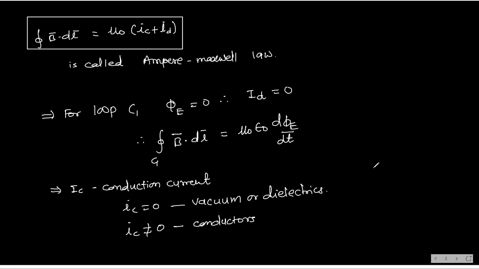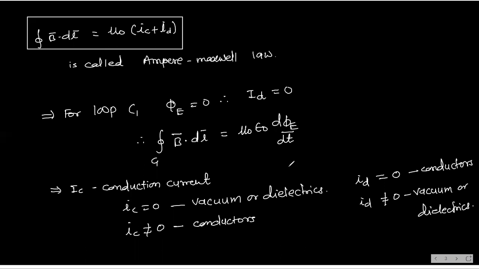Now one more term we have, that is ID. So ID is equal to 0 in conductors and ID is not equal to 0 in vacuum or dielectrics.